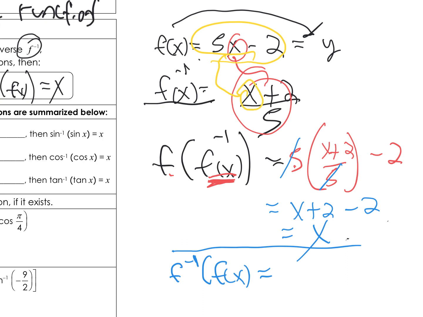In other words, the inverse right here is eating the f function. So that would look like this. All of f, which is my 5x minus 2, goes here. 5x minus 2, all of that function. Add 2, divide by 5.